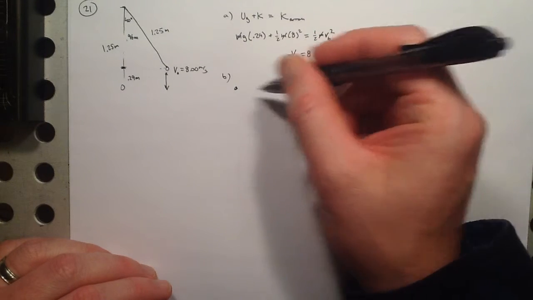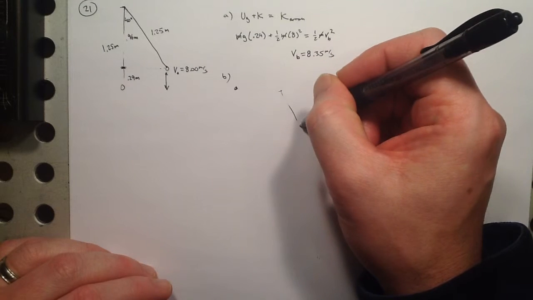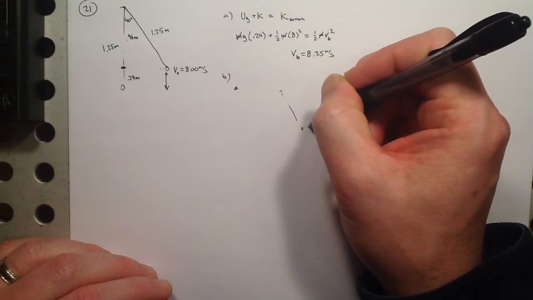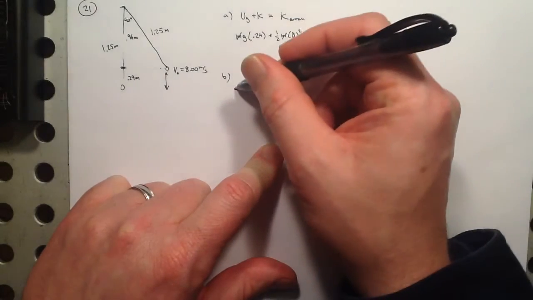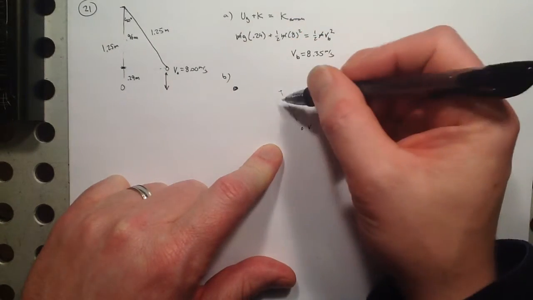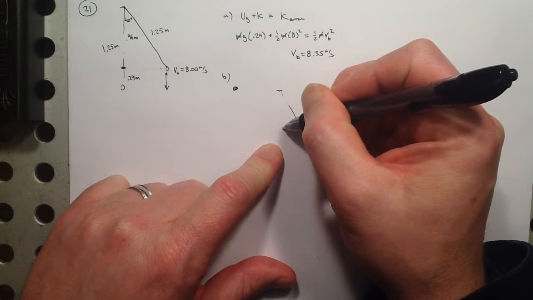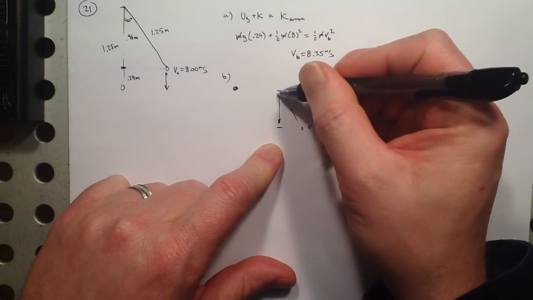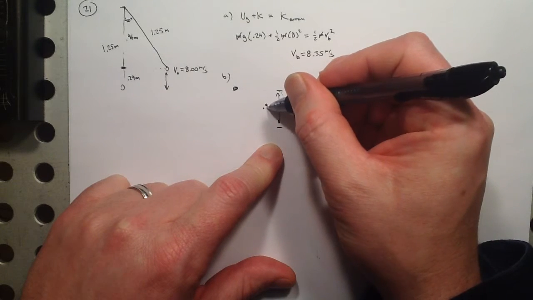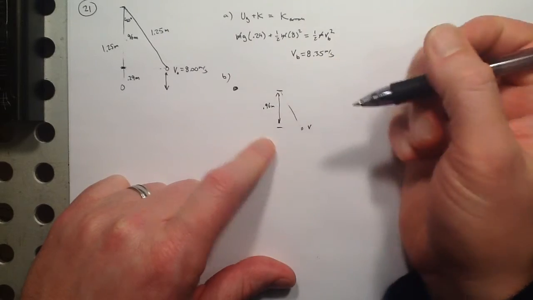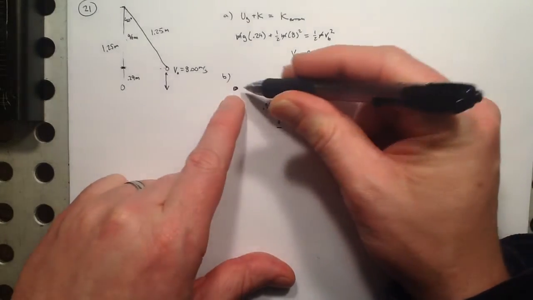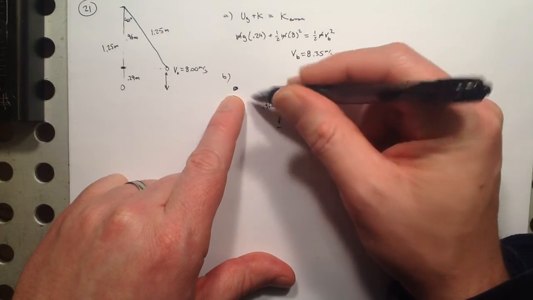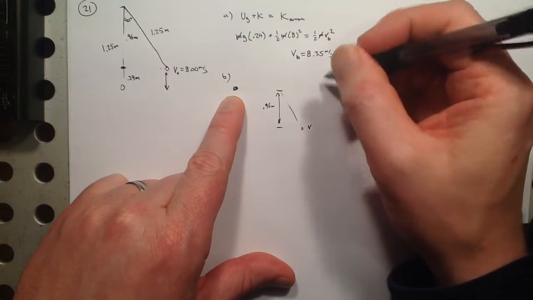Here at this position it had a velocity, and we want to know how much velocity it has to have here to make it up to here. Well, the difference in height here is 0.96 meters. So I have to go from having kinetic energy to 0.96 more of potential energy.